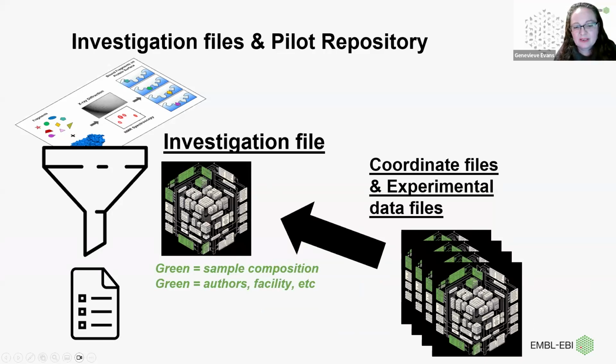And using this little cartoon that I've generated with AI, you can see that if you've got multiple structures that are from the same fragment screening experiment, then all of the sample is going to be the same, and they'll potentially have the same facility, and that information can all be captured in the investigation file.